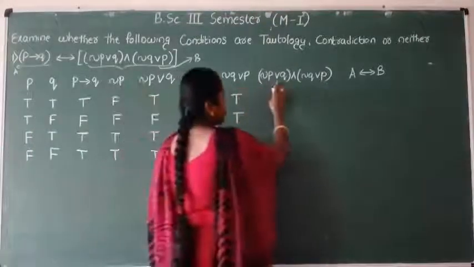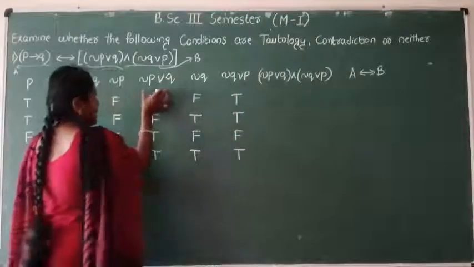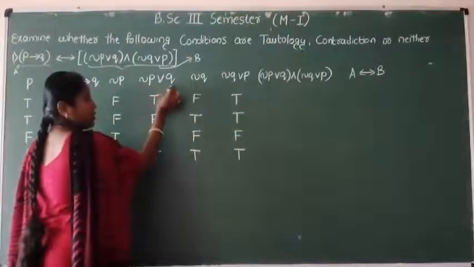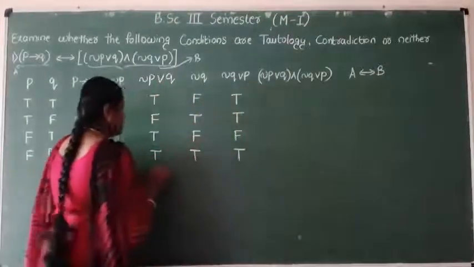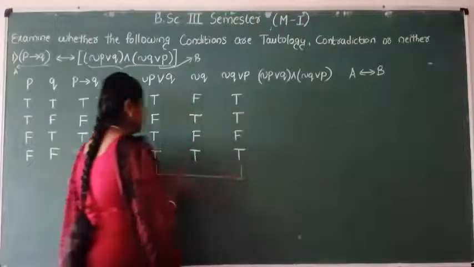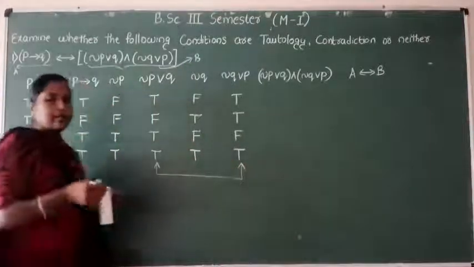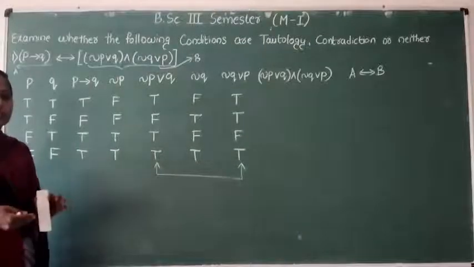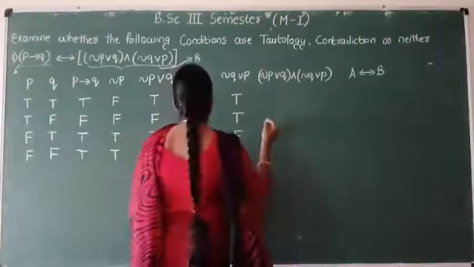negation P or Q and negation Q or P. Let us understand negation P or Q and negation Q or P. So see these two tables. Right, and condition applies now. If P is true and Q is true, then P and Q is true. In other cases it is false.